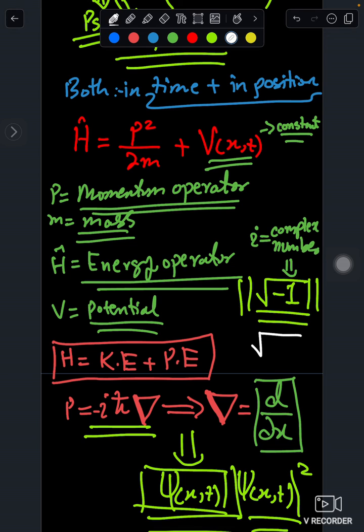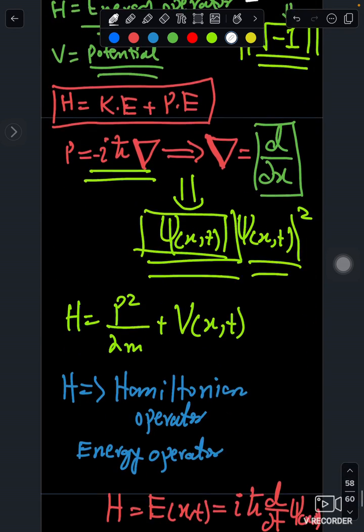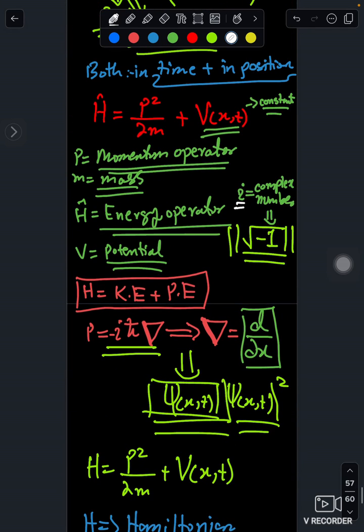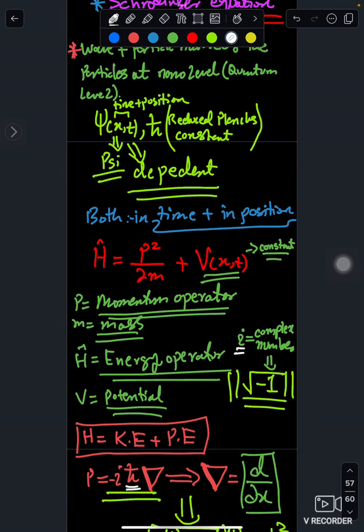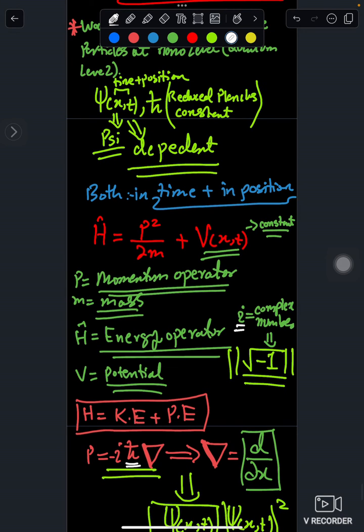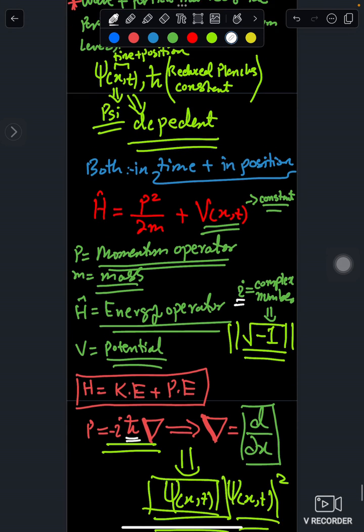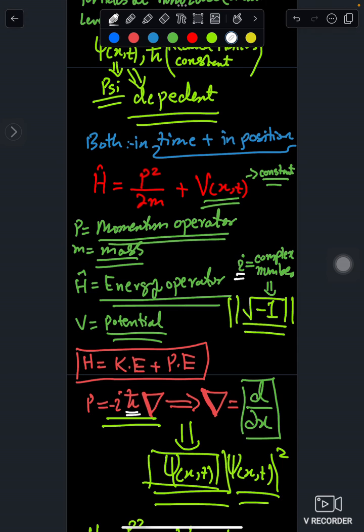Because you cannot take a square root of a negative, so it has a specific name, complex number. We will be using Planck's constant, momentum operator, Hamiltonian operator, and the potential energy. Here it's a constant, so we will specify constant.